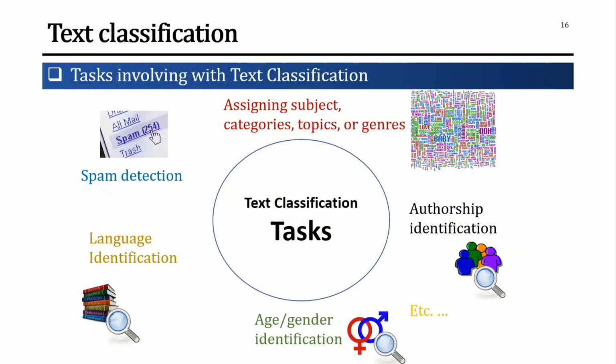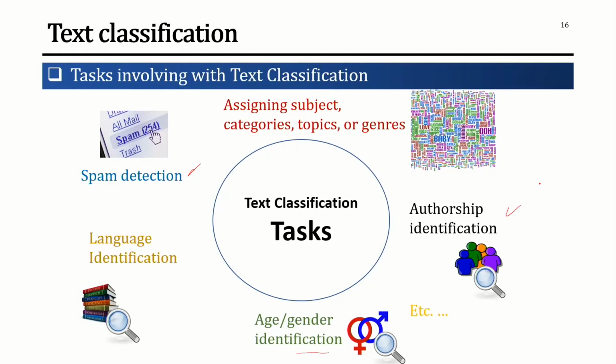And here are some more tasks involved in text classification. We have spam detection, whether we can detect or filter spam emails using appropriate rules or a machine learning algorithm. We have language identification, gender or age identification, whether a group of people are in a particular age group or not.